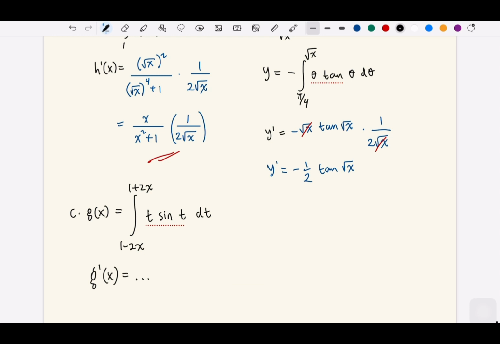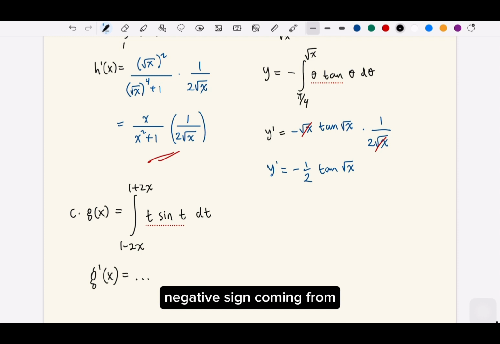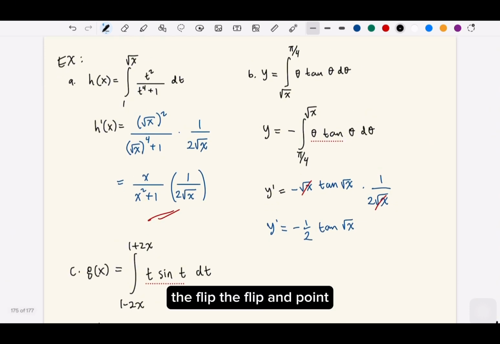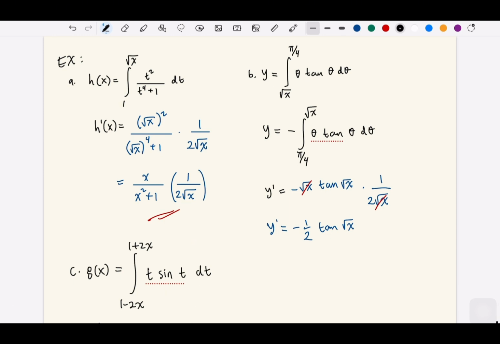Oh, the negative sign is coming from flipping the endpoint. Yes, I'm flipping the endpoint and going minus. After you flip the endpoint to the negative sign, I don't apply the negative sign to both of the parameters.